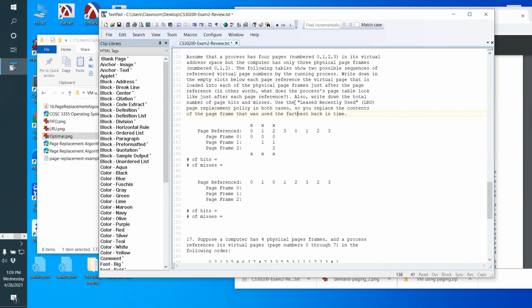There are 2 examples here, and it says to use least recently used in both examples. Sometimes I'll ask you to compare least recently used with the optimal. In this case, it's just 2 different examples, and you do both of them with least recently used.